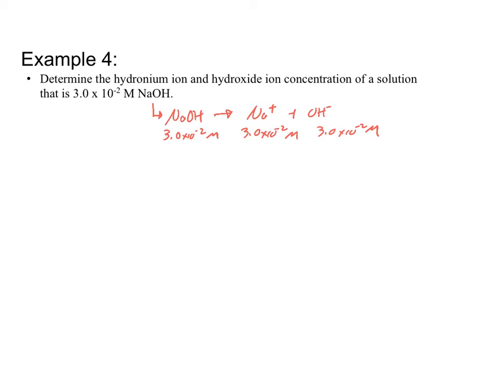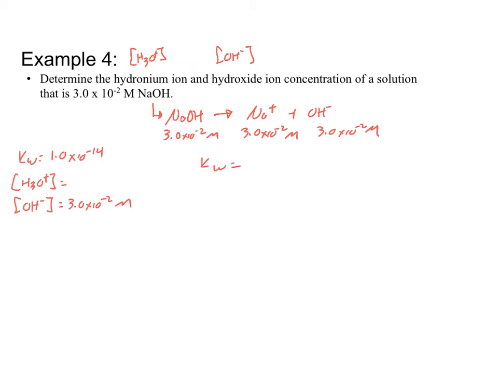So if I'm asked to calculate the hydronium ion concentration and the hydroxide ion concentration, I'm going to use the Kw formula, which we know is 1.0 times 10 to the minus 14. But because this is a base, I know that hydroxide is going to be 3.0 times 10 to the minus 2 molar.